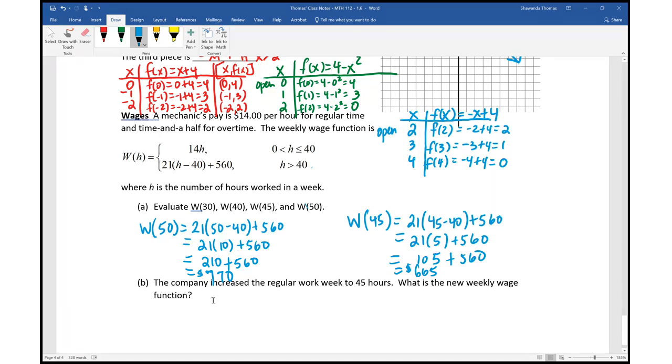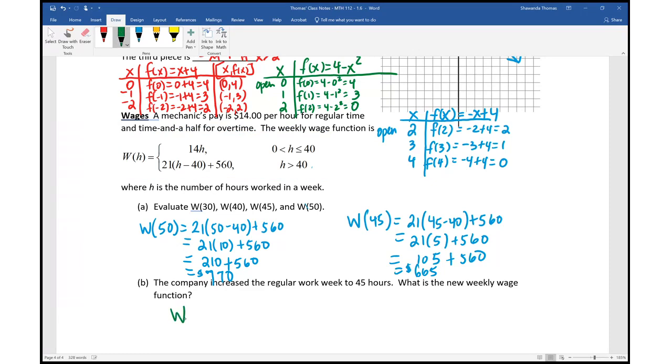Now, what if the company increased the regular work week to 45 hours? What would change in this function here? If the regular work week was not 40 hours, they change it to 45. Now the workers are required to work 45 hours for a regular work week. What would change?